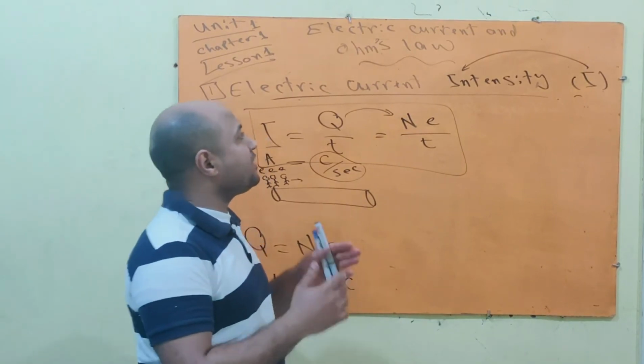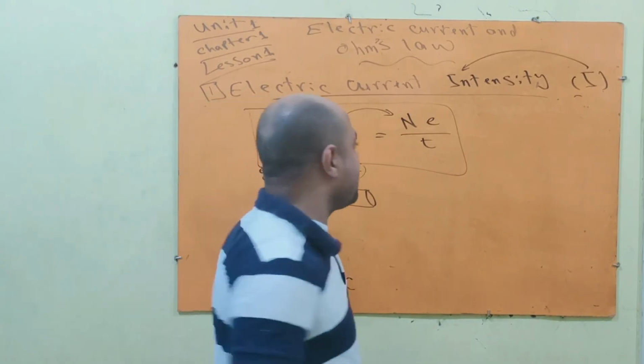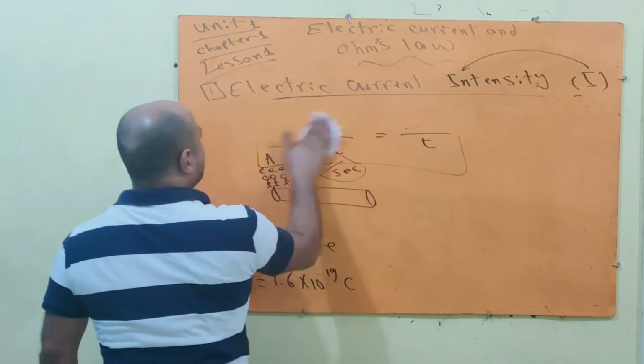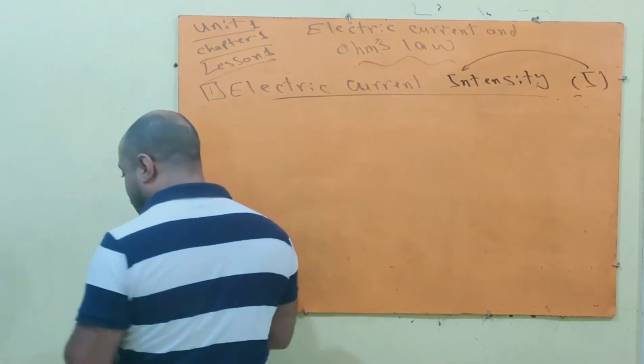What is the importance of electric current intensity in our daily life? احنا ايه اللي بيهمنا في موضوع الكارنت intensity ده؟ تفرق معايا ان التيار شديد ولا التيار ضعيف؟ طبعا هتفرق معايا في حاجات كتير.